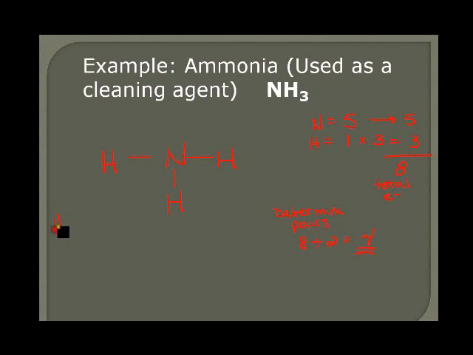Well, hydrogen is full. It's sharing an electron. So if we look, the hydrogen atom and the nitrogen atom, one of those electrons from each one of those atoms is being shared between them. Hydrogen can't take any more. It maxes at 2.